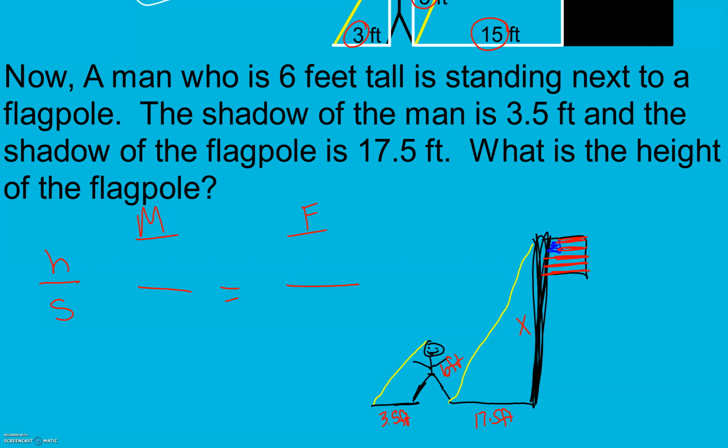We plug in what we know. The man's height is 6 feet, and the shadow is 3.5. The flagpole's height, we don't know, and the shadow is 17.5. So we can solve this with proportions by cross multiplying. So I'm going to take 6 times 17.5 equal to 3.5 times x.